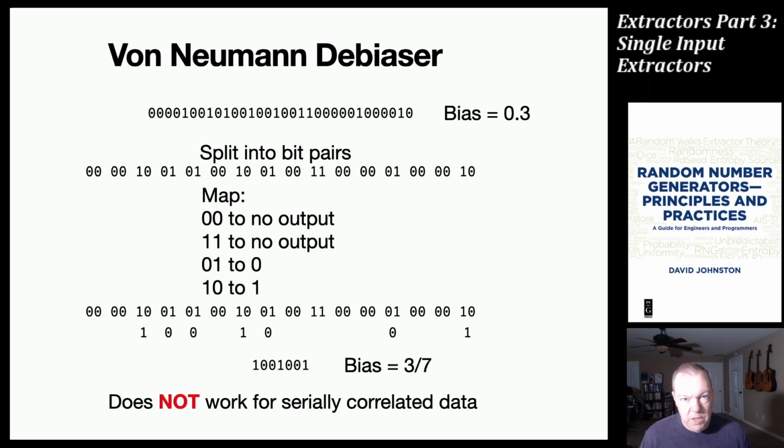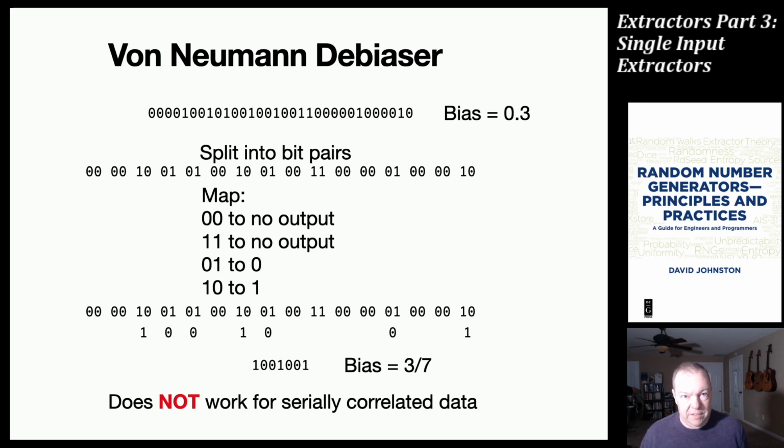There's an algorithm which has a history of being used as an extractor, but it's not an extractor. It's a debiaser, and it's called the von Neumann D. I call it the von Neumann debiaser. It's more commonly called the von Neumann whitener, which comes from the idea of the spectral content of the data being white, or if you did a Fourier transform over the data to look at the frequency components, you'd see that it was uniform across the spectrum.